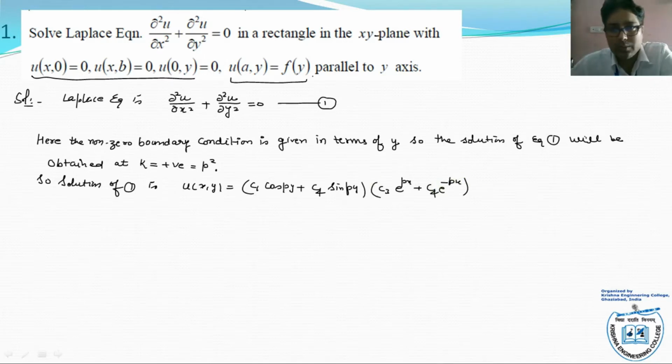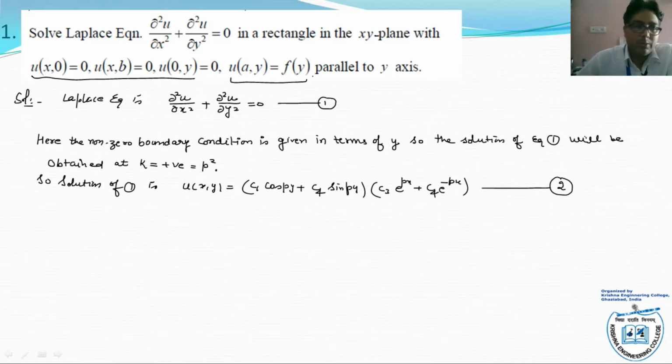This is the solution of the Laplace equation when the given non-zero boundary condition is in terms of y. Clear?